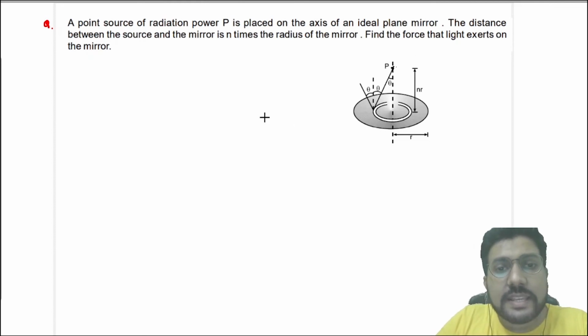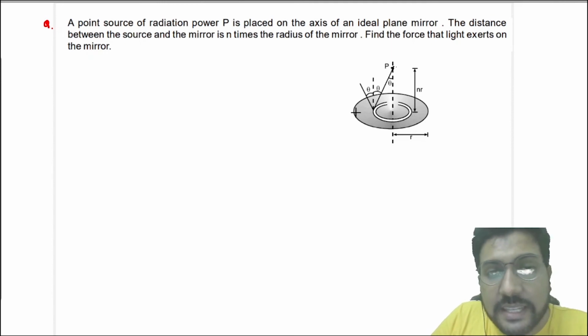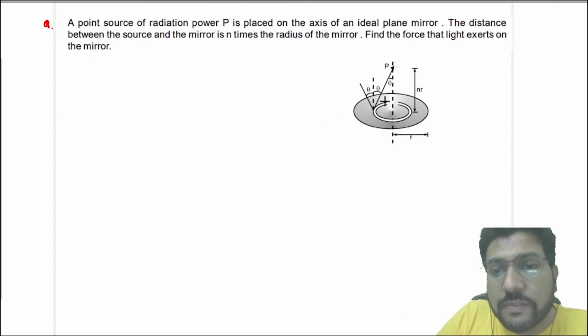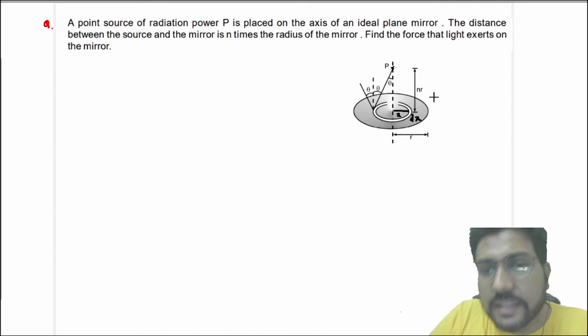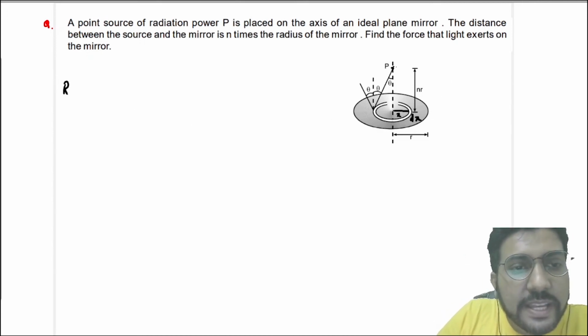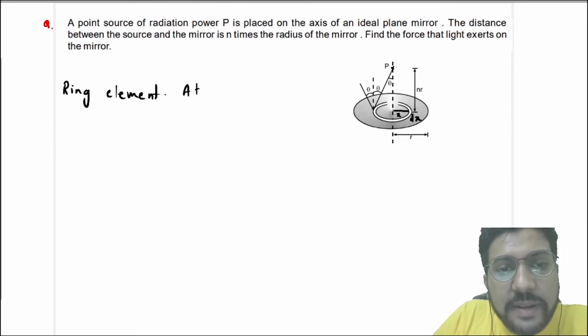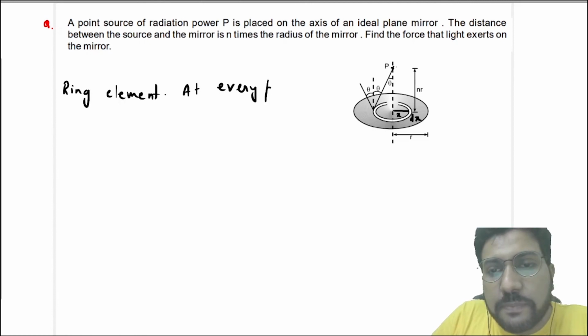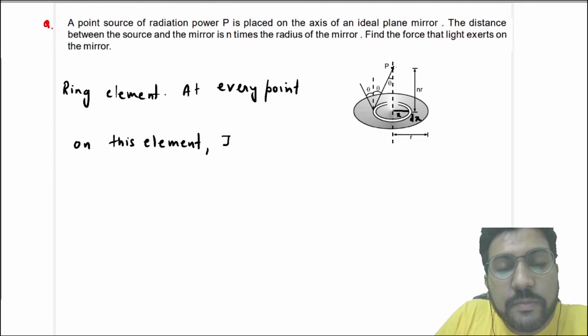Now in this case, at every point the intensity is different. So what you have to do is take one element at a distance x. Let us take an element of thickness dx at a distance x. This is a ring element. Now at every point on this element the intensity is the same.